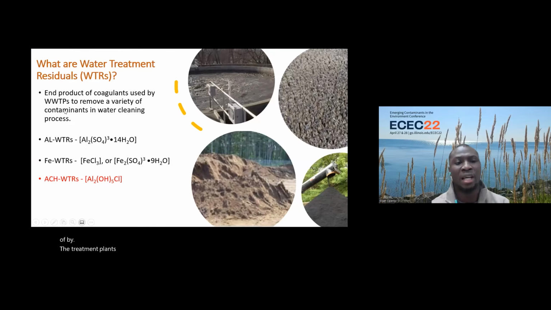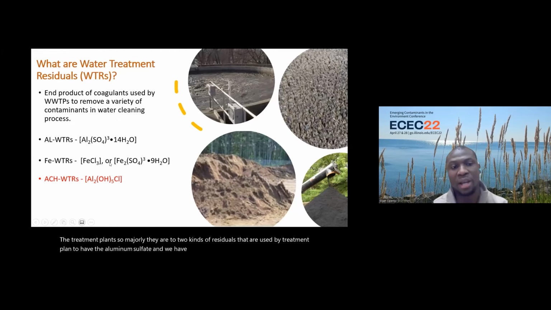So majorly there are two kinds of residuals that are used by treatment plants. We have the aluminum sulfate, and we have the iron(III) chloride that is usually used. And then more recently, the ACH, which is aluminum chlorohydrate, is now being used.